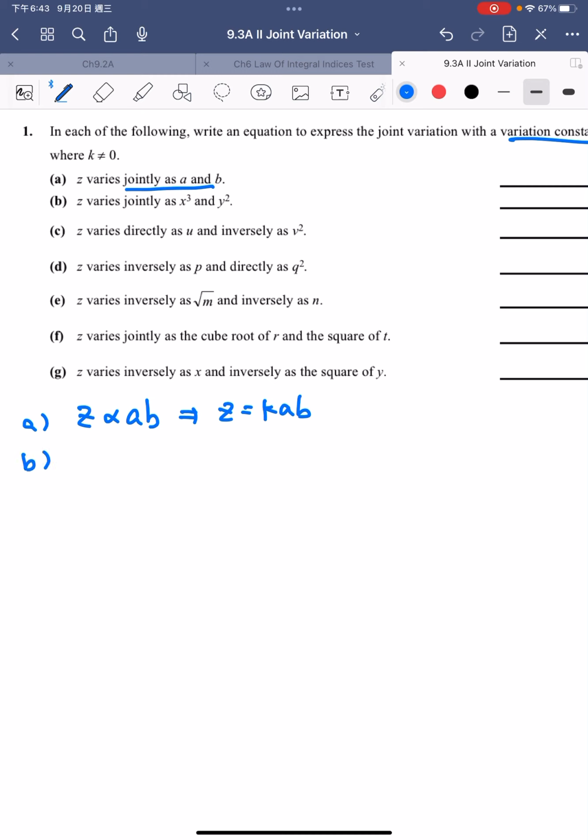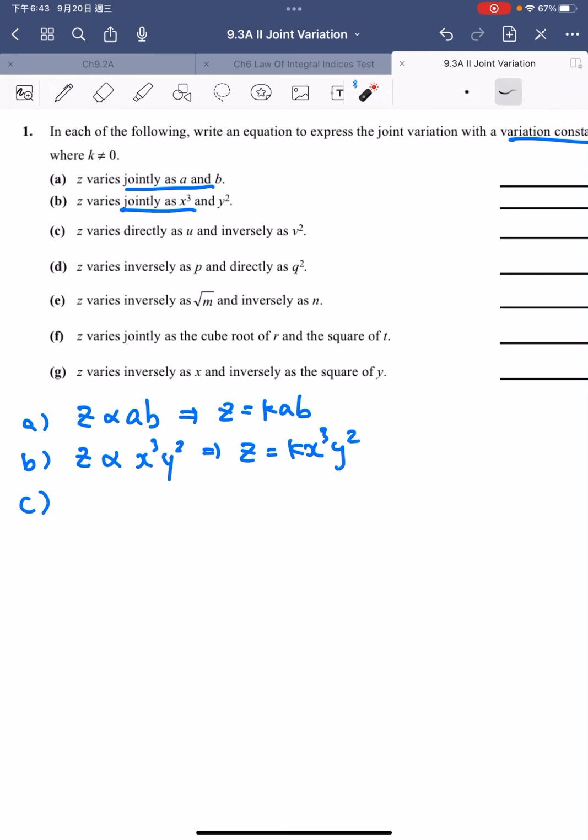For b, we have z varies jointly as x cubed and y squared, which means we can write z is proportional to x cubed times y squared. Then we can write z is equal to kx cubed y squared. For c, one part is directly, the other part is inversely, so we change the inversely to directly and the v squared to 1 over v squared.